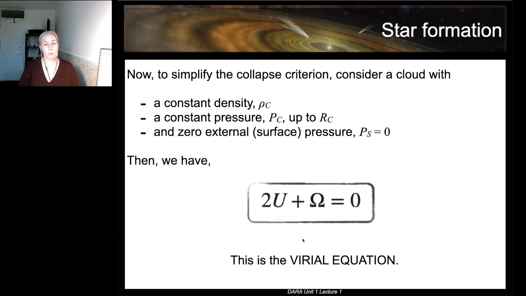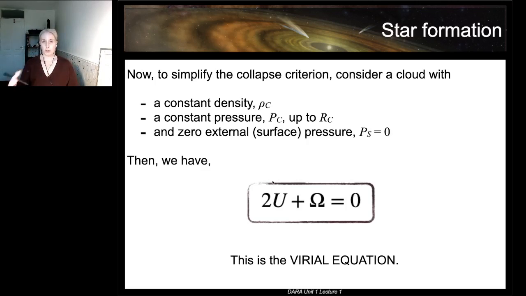And that gives us an even simpler expression where we have 2 times U, 2 times the kinetic energy, plus the total gravitational potential energy equals 0 because we've set the external pressure to 0. And again, this expression basically encodes all the physics that sets these 2 forces to be in balance with each other. And we call this equation the Virial equation.